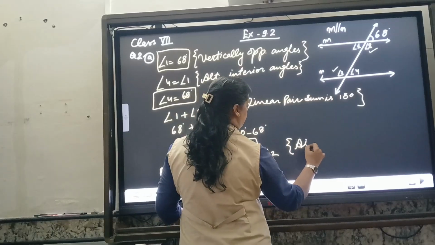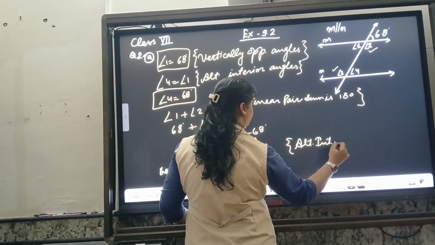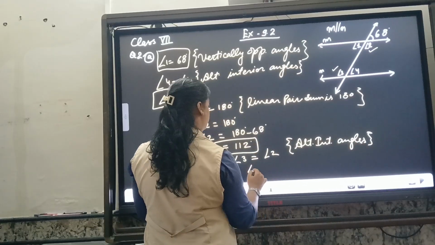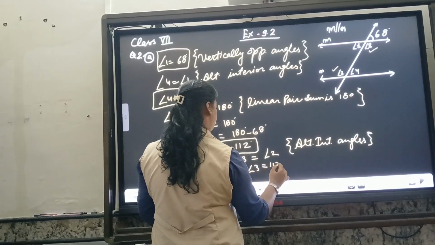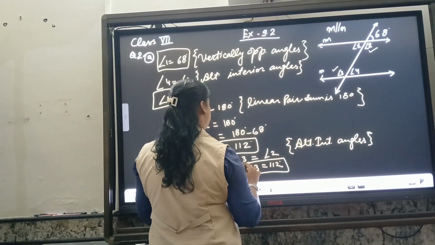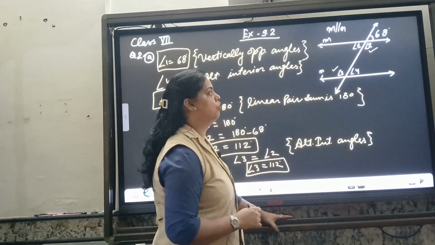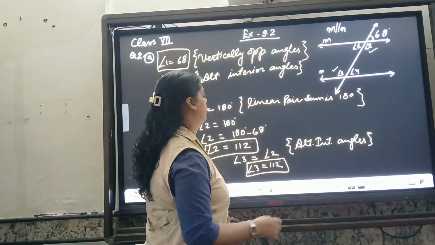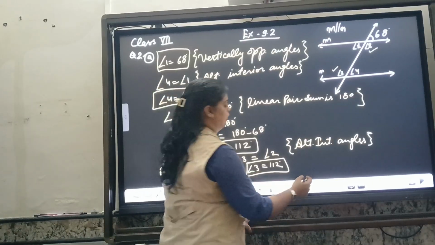Reason: alternate interior angles. So angle 3 will be equal to 112 degrees. Hence we have taken out the value of all four angles. Angle 1 we have taken out, angle 4 we have taken out, 2 and 3 also.